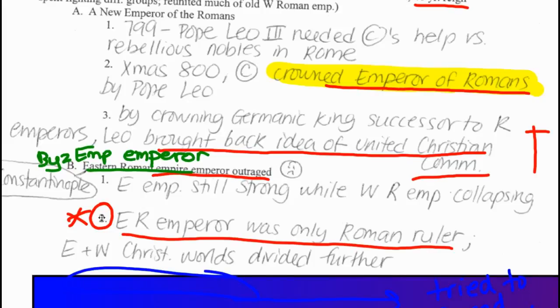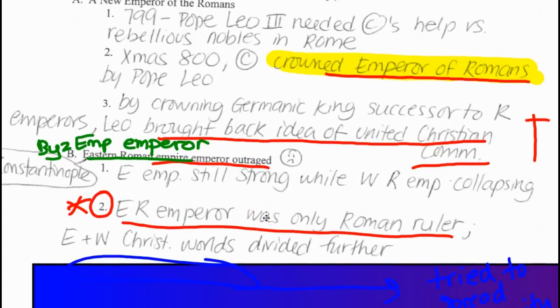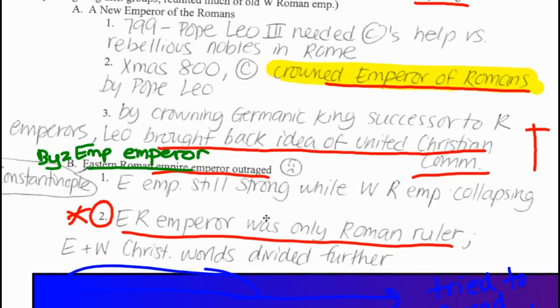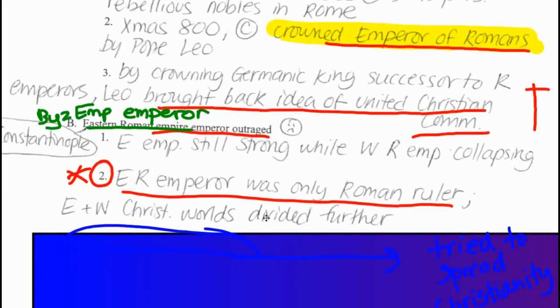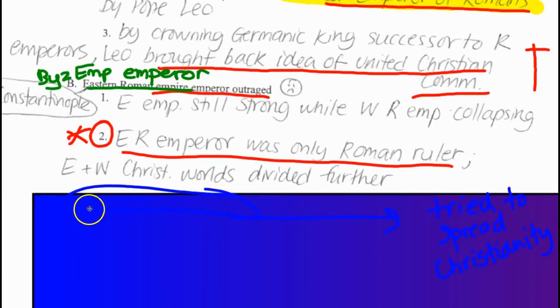So the Eastern Empire, which was the Byzantine Empire, centered around Constantinople, remained strong. It didn't fall apart like the West. So this crowning of Charlemagne actually divided the Eastern Orthodox Church and the Catholic Church, because the Eastern Roman Emperor thought he was better than Charlemagne, that Charlemagne was this backwards, uncivilized leader.